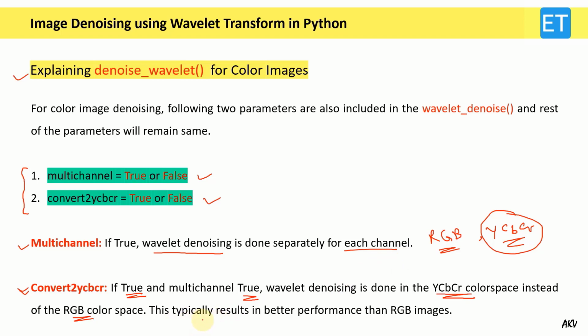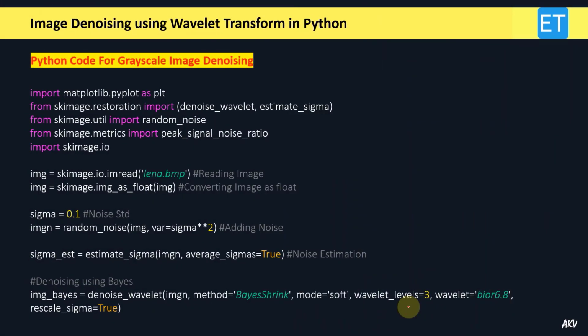And it is observed that doing denoising in YCbCr gives improved results as compared to RGB images. So now let's see the example Python code for image denoising of grayscale images. First you need to import some libraries.